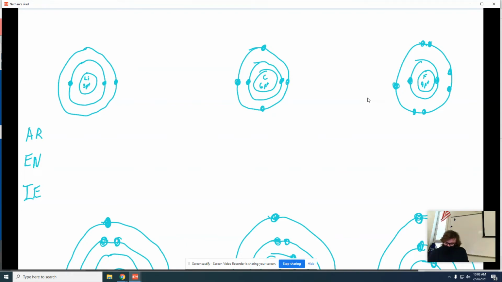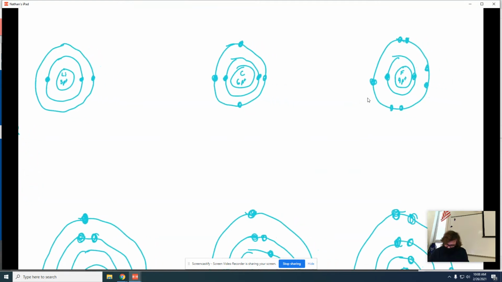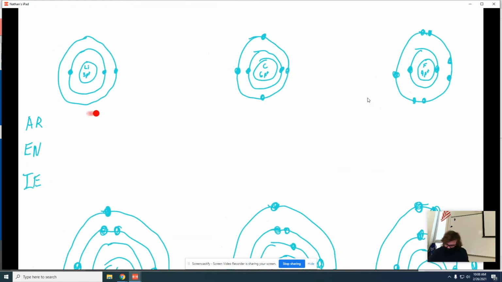If we look at all three of these examples, lithium, carbon, and fluorine, they all have two energy levels or two shells of electrons. So starting off, the distance from the center of the nucleus to that outermost shell is going to be roughly the same.